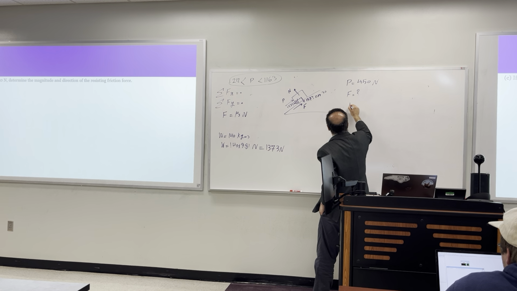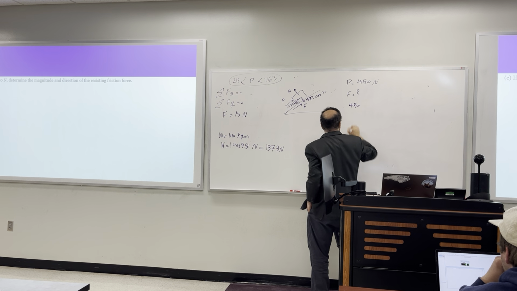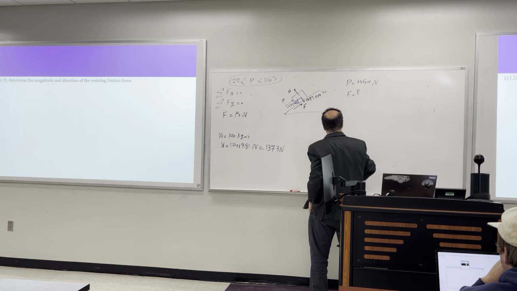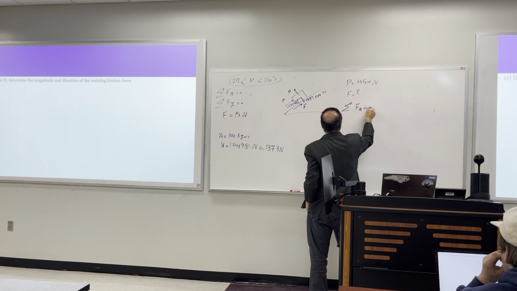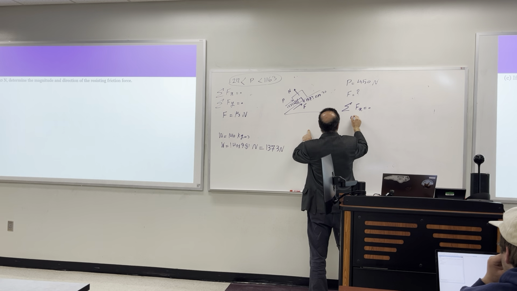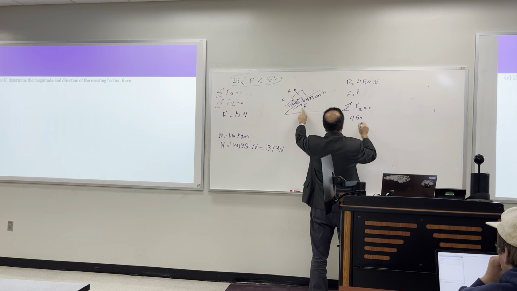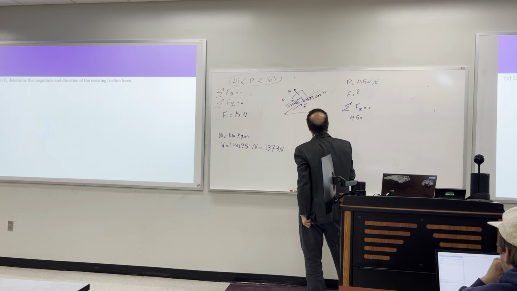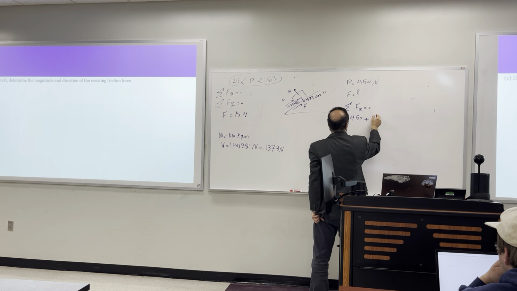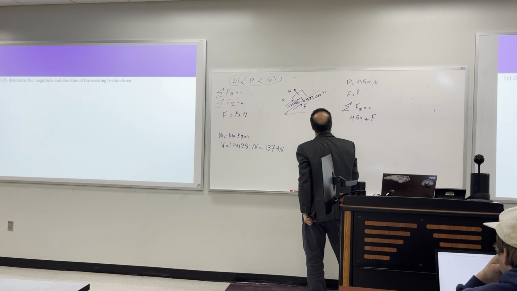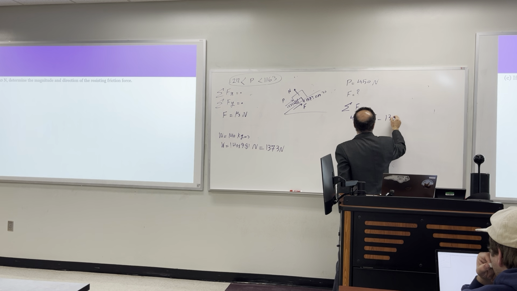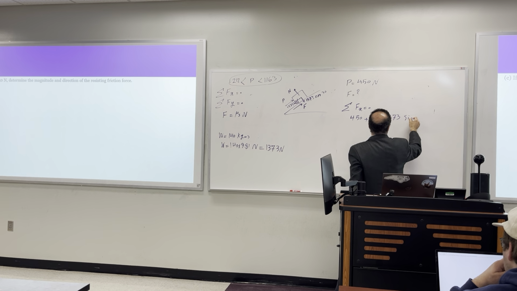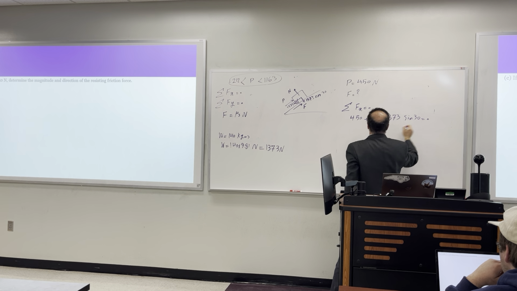So P is 450. Now we use which equation? We use Fx equals 0. 450 plus F friction force minus 1373 sine 30 equals 0.